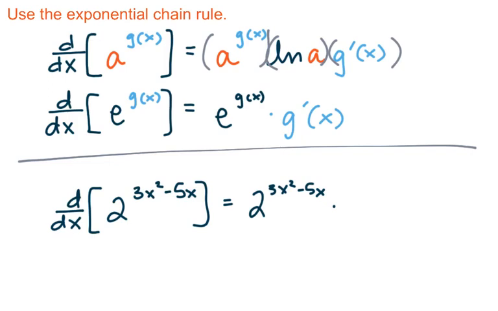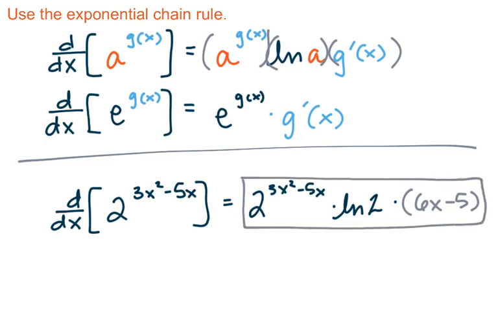Because my base is 2, I will then say times the natural log of 2. And then I need to multiply by the derivative of what we have in the exponent. And using our power rule, we would get 6x minus 5. So I have here times 6x minus 5. That would be the derivative of that expression.